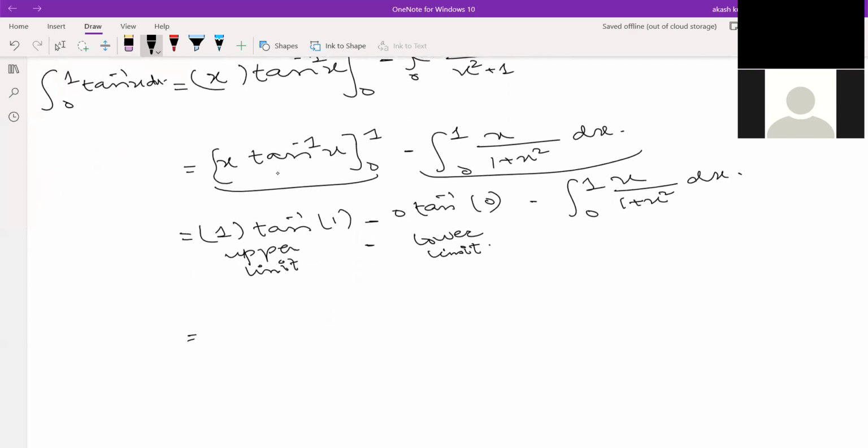Tan inverse 1 is pi by 4. And 0 multiplied with anything makes it 0. And then minus integral from 0 to 1 of x over 1 plus x squared dx.